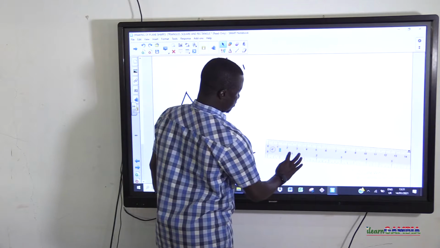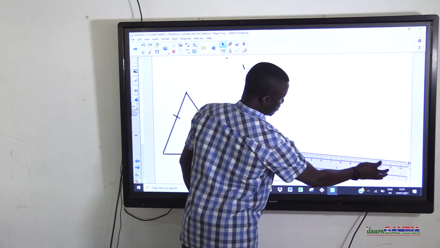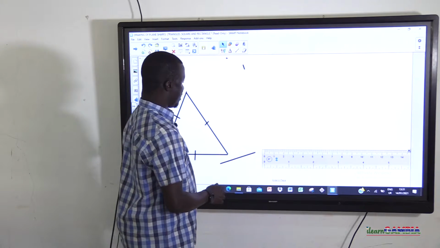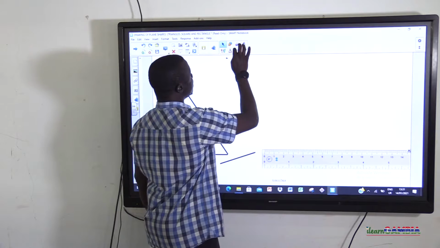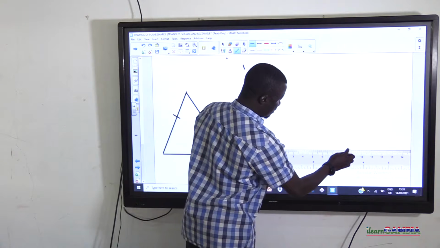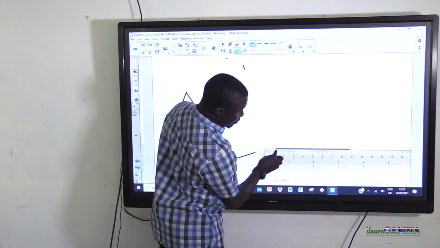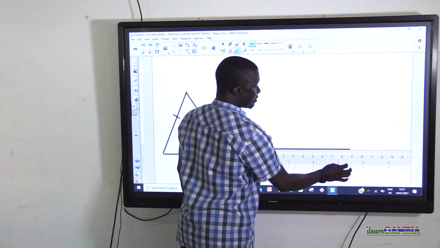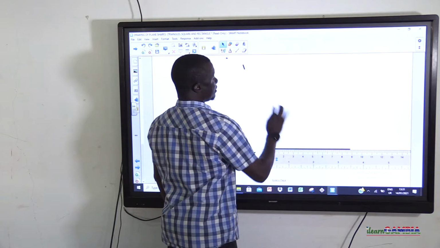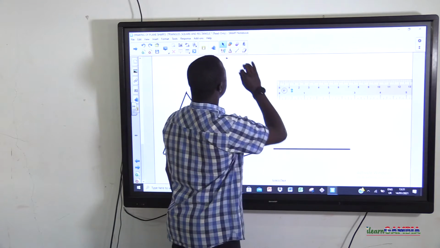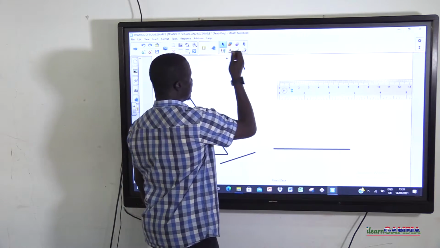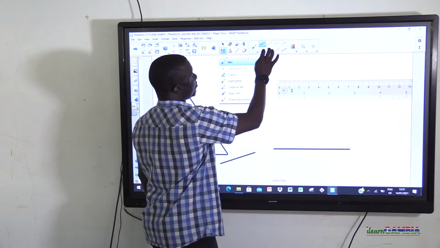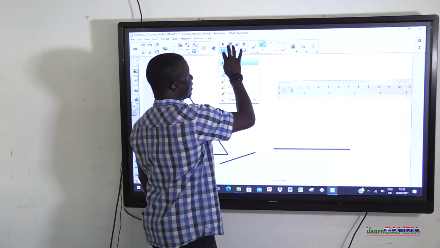We have to measure. We need to make sure both sides are equal. So let's say this is the base, and the base happens to be 9 centimeters. If you have 9 centimeters here, you can take a pen and write 9 centimeters.